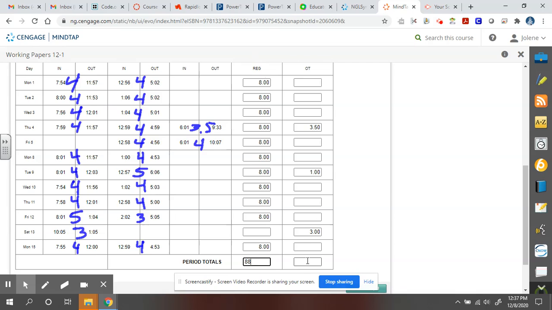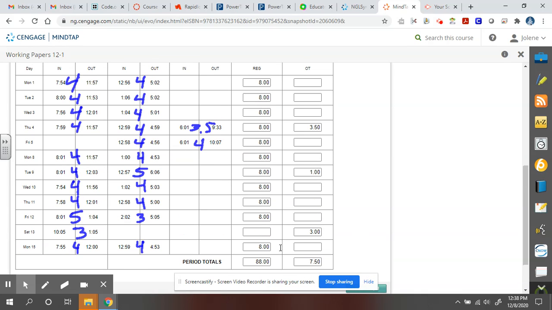Either way you want to do it. It's 88 hours. Then add up her overtime, 3.5 hours, 1 hour, and 3 hours. So she had 7.5 overtime hours. All I did was add down the column for both of those.